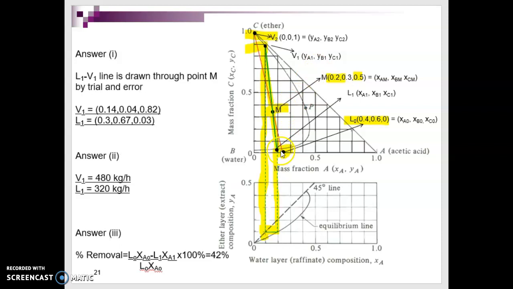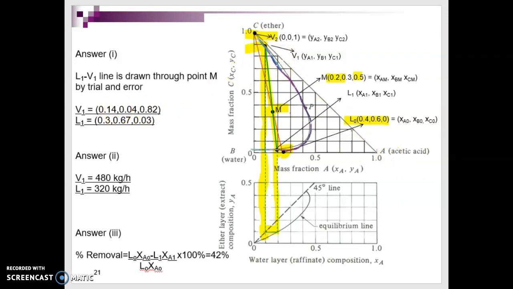You can read the coordinate of your C and also your A. Remember, when you put the coordinate, it must lie on your equilibrium line here. So it must touch. Okay, only your L0 and your V2 touch the axis.